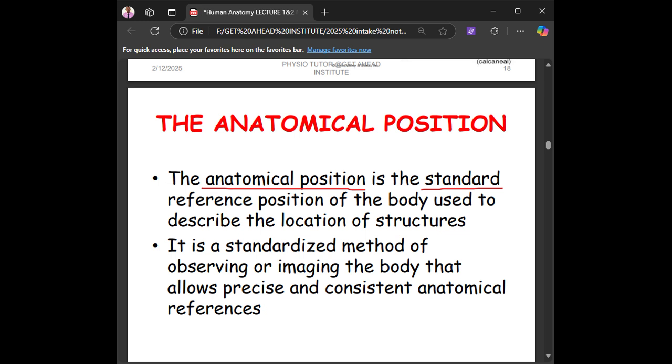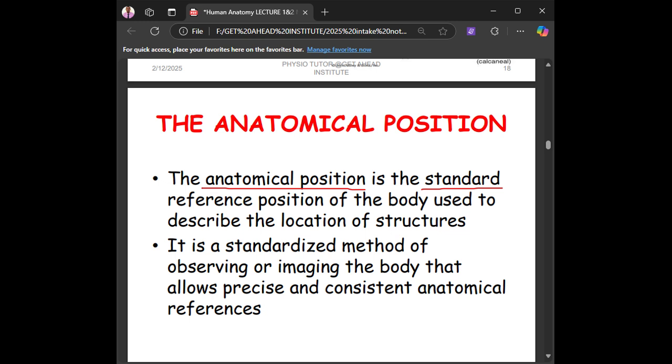It allows us to describe the body or the position of structures in relation to their surroundings, and it helps us avoid confusion as to whether the body is lying down or standing up.